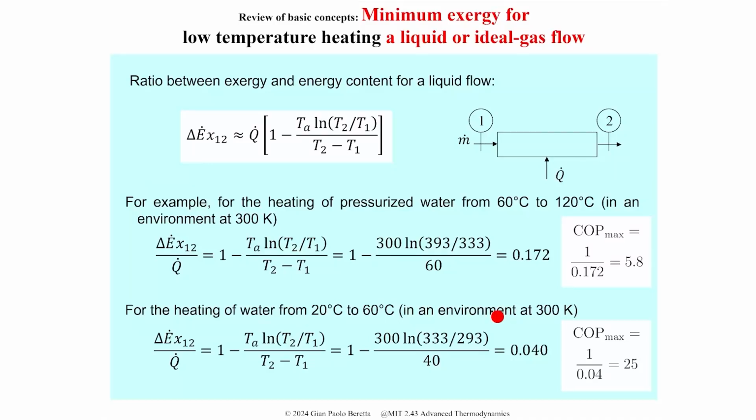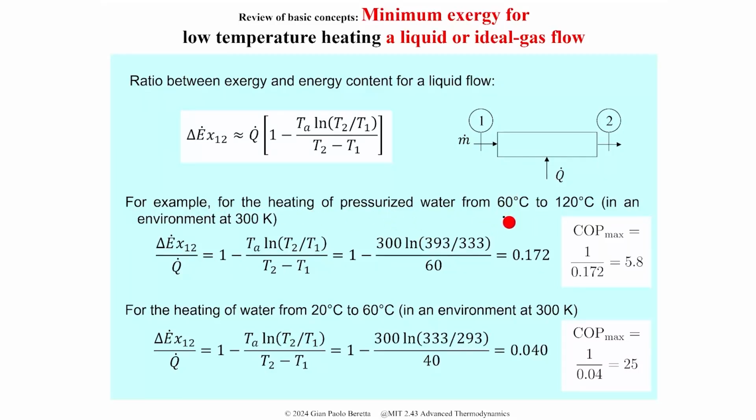So if we want to improve our ways of using fuels or any other exergy resource, natural resource, for example, nuclear and solar and so on, we want to know the efficiencies, and so here we gave an example of heating water in an industrial setup.